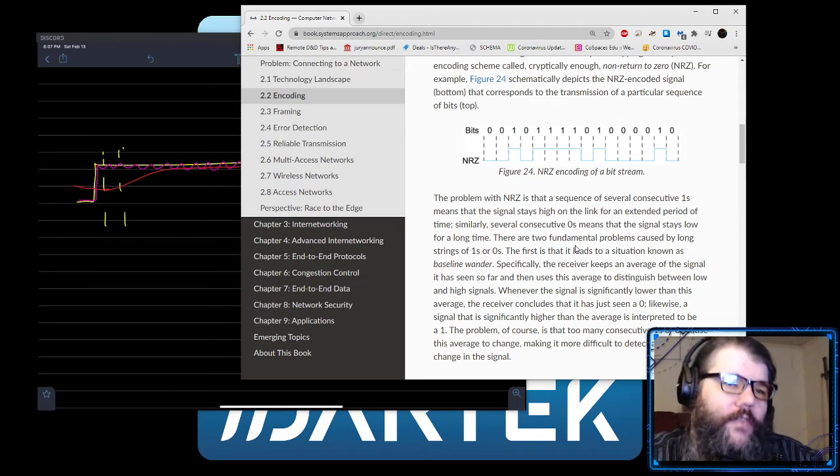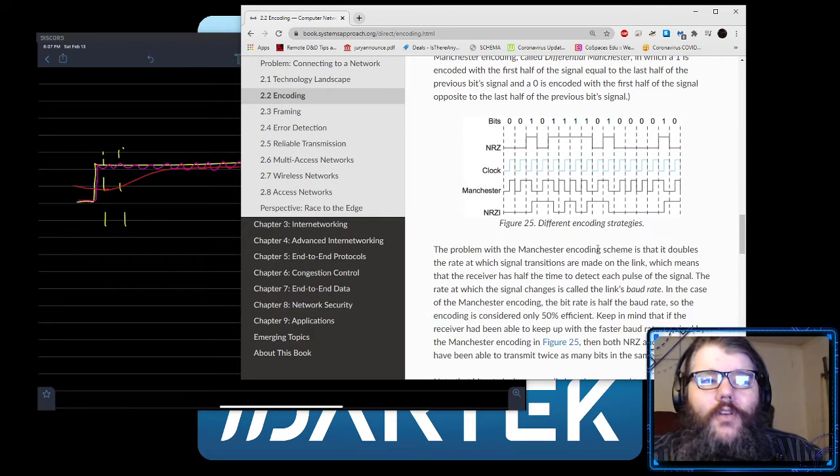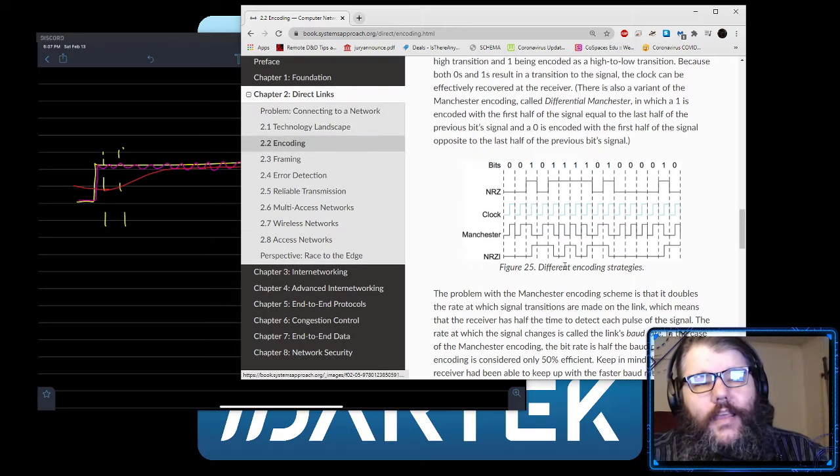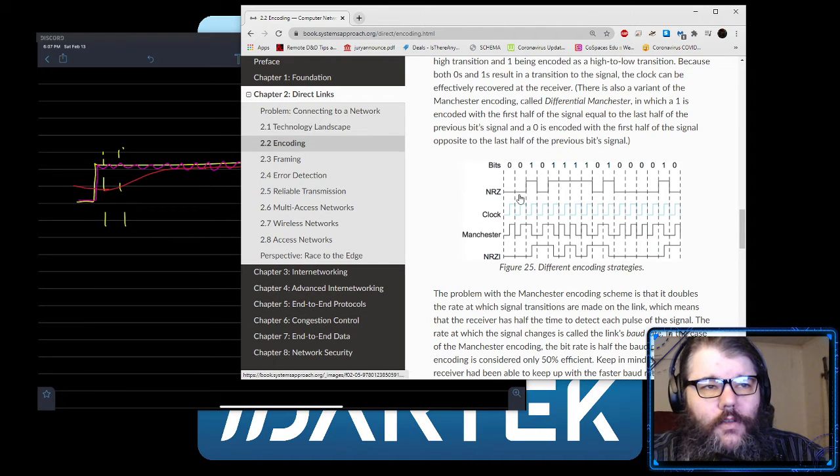So what do we do to fix that? The first thing you can do is introduce a scheme called NRZI. The idea behind NRZI is that instead of transmitting a high voltage when you see a 1, you switch voltages when you see a 1. With the NRZ method, it's low for 0, high for 1, low for 0, high for 1.